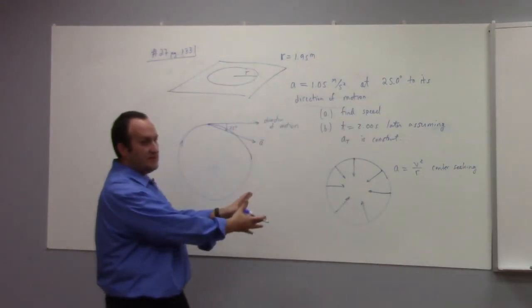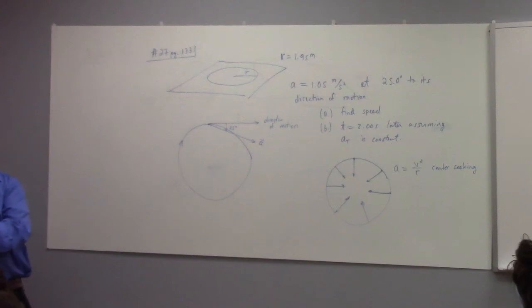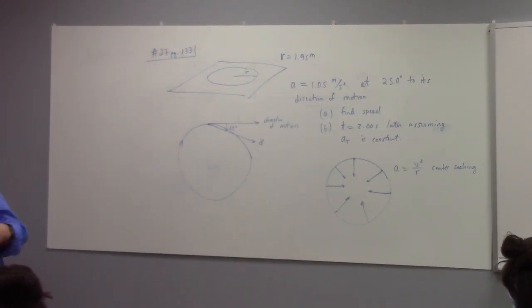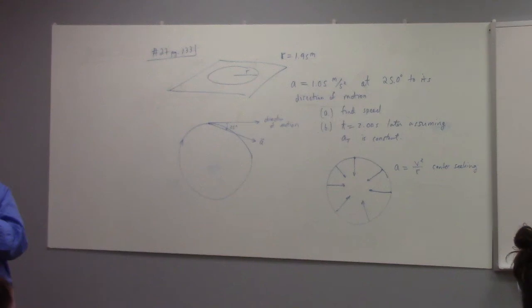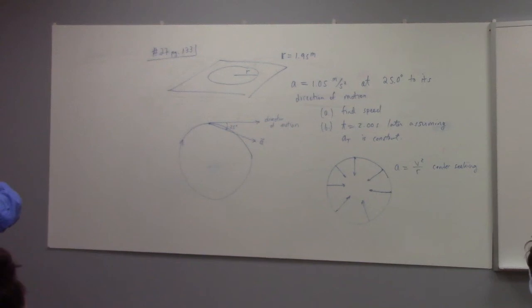If the speed is constant, we have just center-seeking acceleration all the way around. This problem is about a hypothetical situation where you don't have constant speed circular motion. You've got variable speed circular motion, coming from an acceleration which is not purely center seeking. Part of it is tangential.